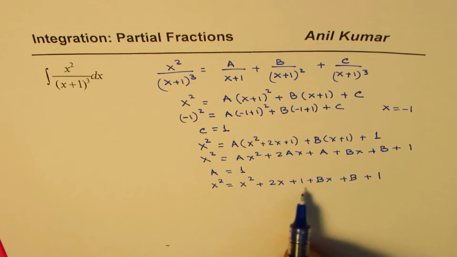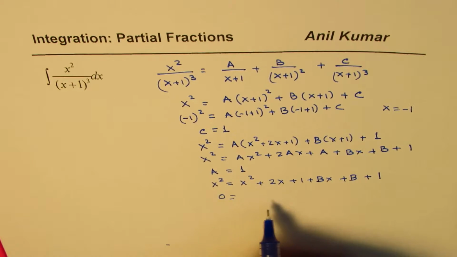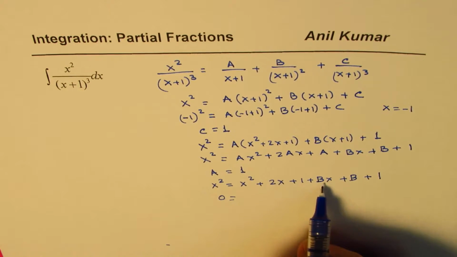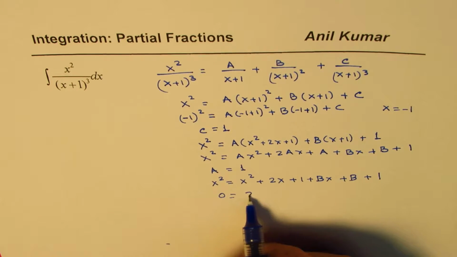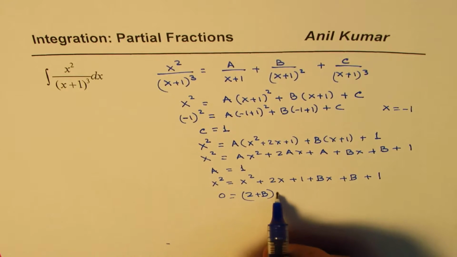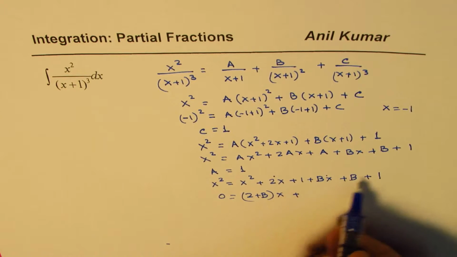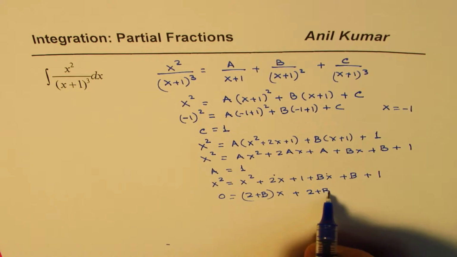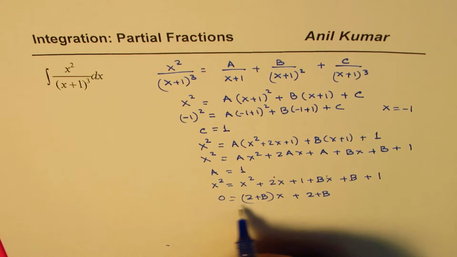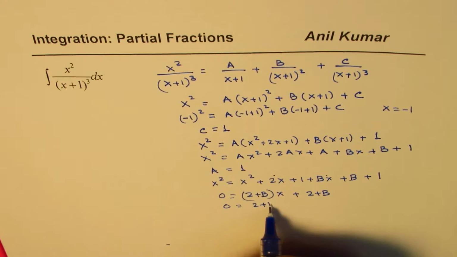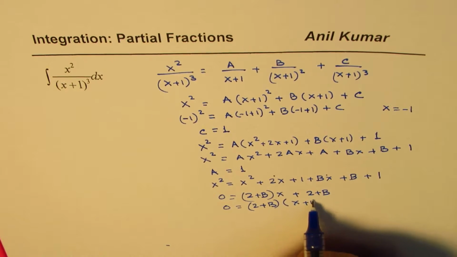Bringing x squared to this side, the coefficient of x is 2 plus B, so we have (2 plus B) times x, and the constant is 2 plus B. Since 2 plus B is common, we have 0 equals (2 plus B) times (x plus 1).